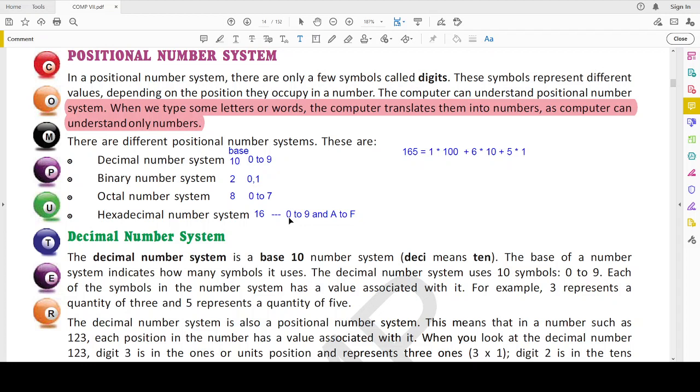What are they? 0 to 9, as it is used in case of decimal, it is the same. And then 10 is written as A, 11 is B, 12 is C, 13 is D, 14 is E, and 15 is F. So 0 to 9 and A to F.